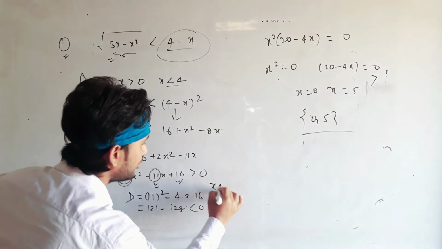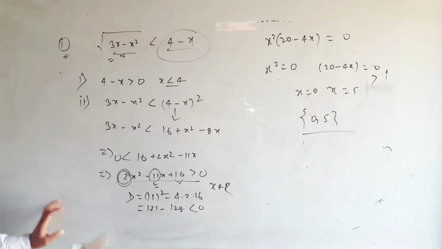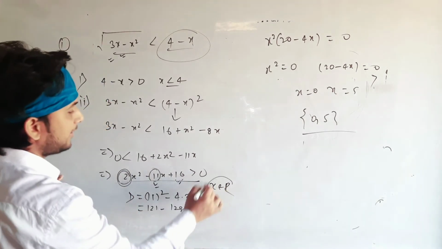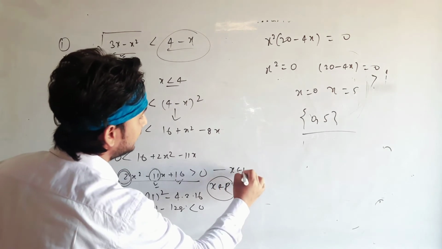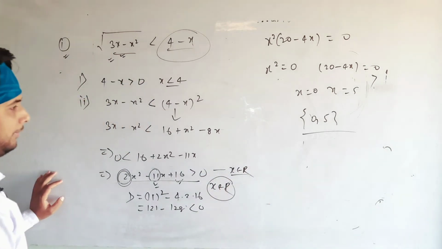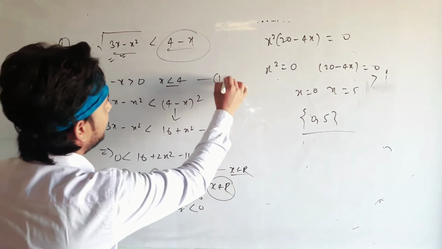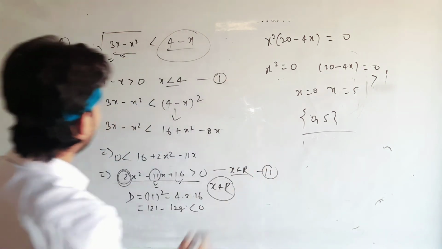For x belongs to real, it must be greater than 0. I have taught you already. Okay, it means that from here we have x belongs to real numbers. This is the first condition, and where is the second condition? This is the second condition.